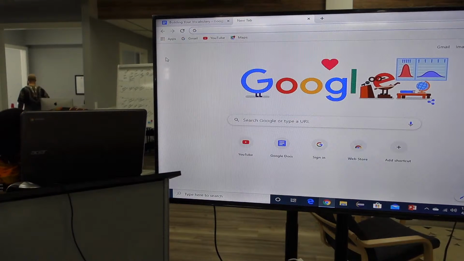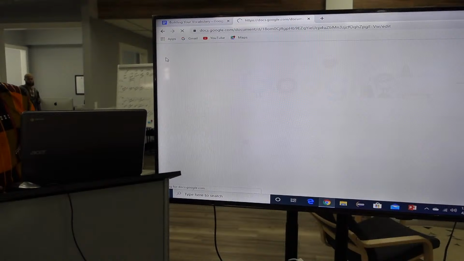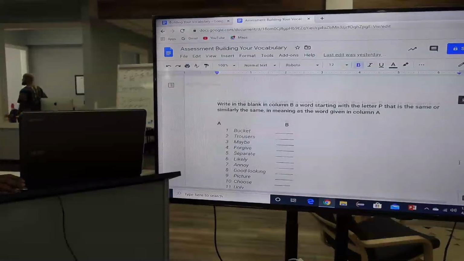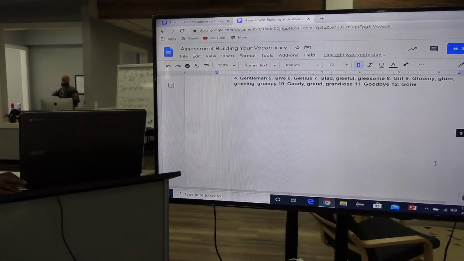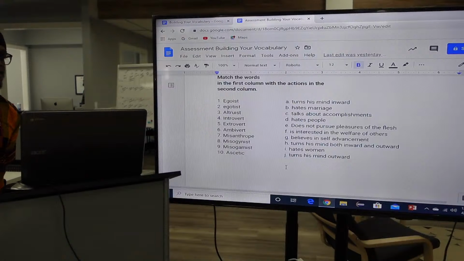So real quick, we're going to go into this activity right here, and we want to match the first column with the actions in the second column. We have the words egoist, egotist, altruist, introvert, extrovert, ambivert, misanthrope, misogynist, misogamist, and ascetic.